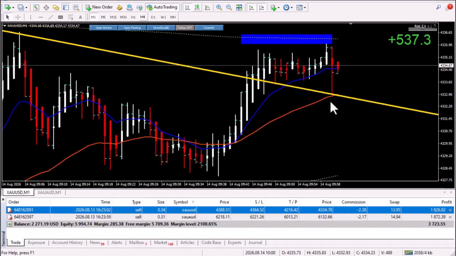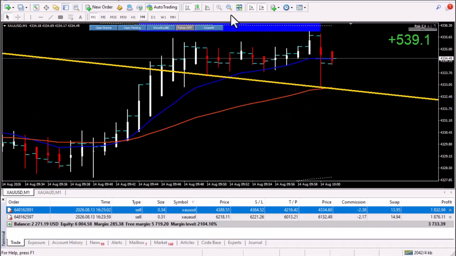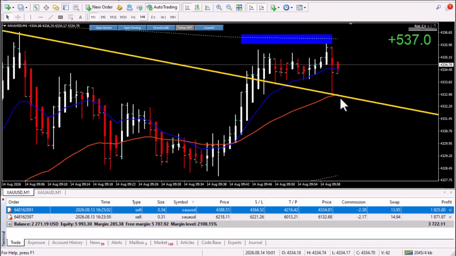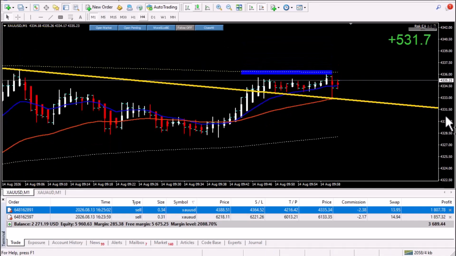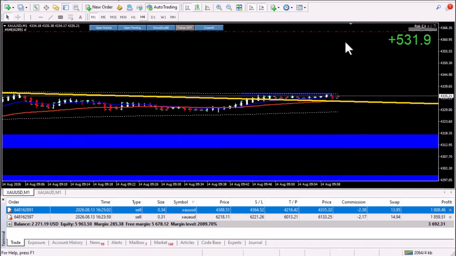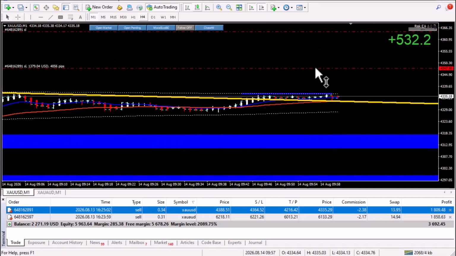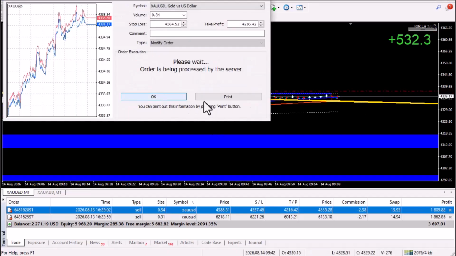Price touches the 633 and just bounces, but the USD index is moving very strongly to the downside, that's why it also cannot move. Let's move our stop loss to that area so that I am now tension free in this trade.